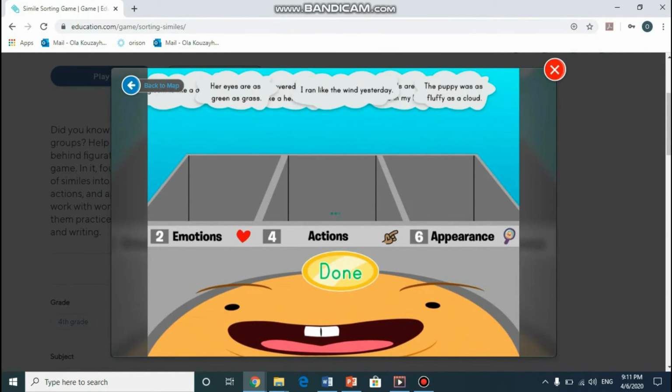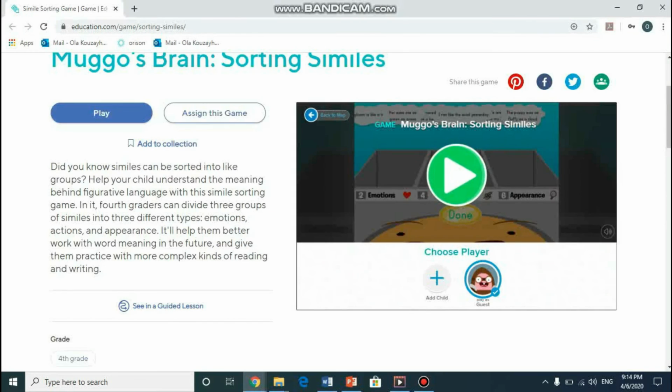And if you feel that it refers to action, you can see that action means movement or something that is being done, you press on action. And last but not least, appearance, which is the physical, the outer appearance. How do we look? If you read the simile and you feel that it is describing the appearance, you just grab it and put it in the appearance section until you finish all similes. You press here on done, and this is how you end the level that you are in.